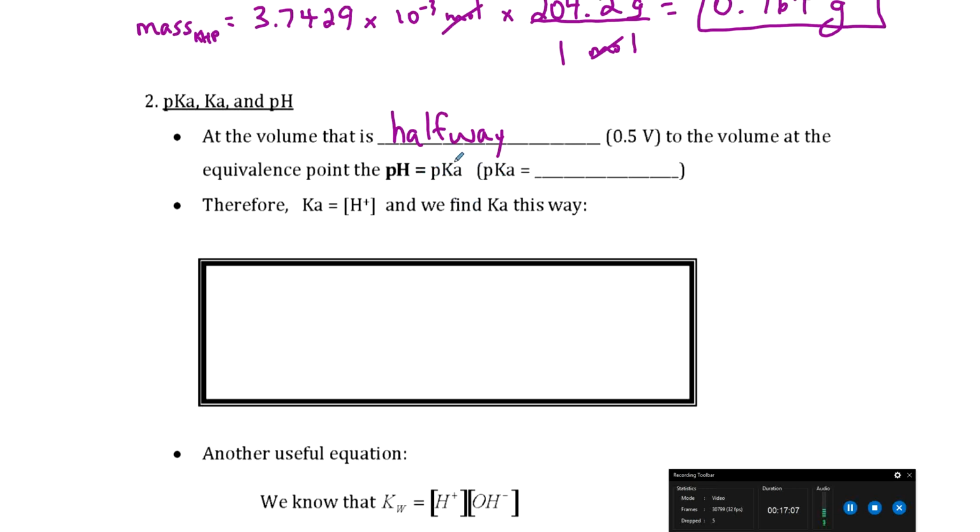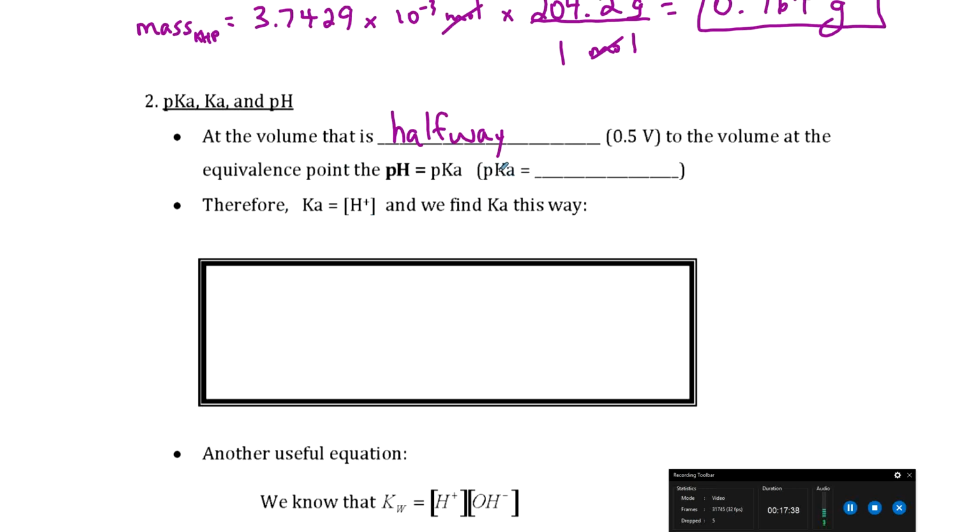The values of Ka, Kb, or our ion concentrations are always very, very small numbers and a little bit hard to wrap our heads around. So by converting into pH, pKa, pOH, it gives us a more concrete value to deal with, and we can use that value to understand how strong or weak the acid is going to be.